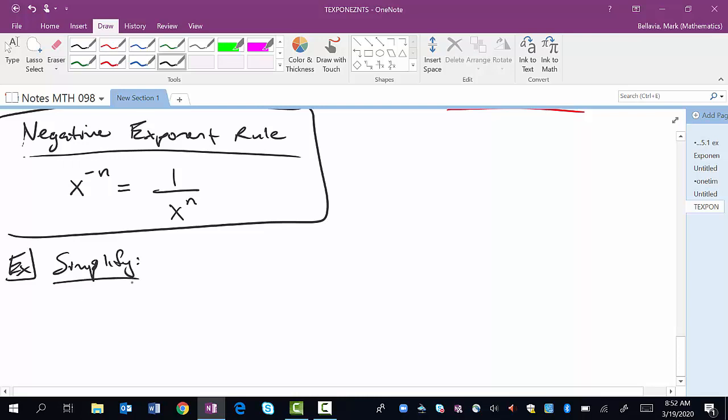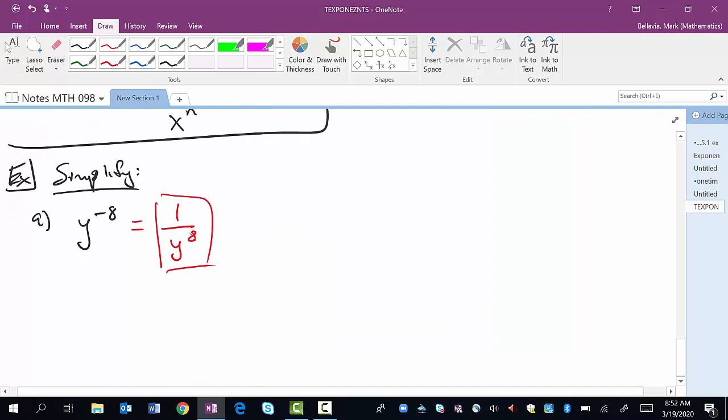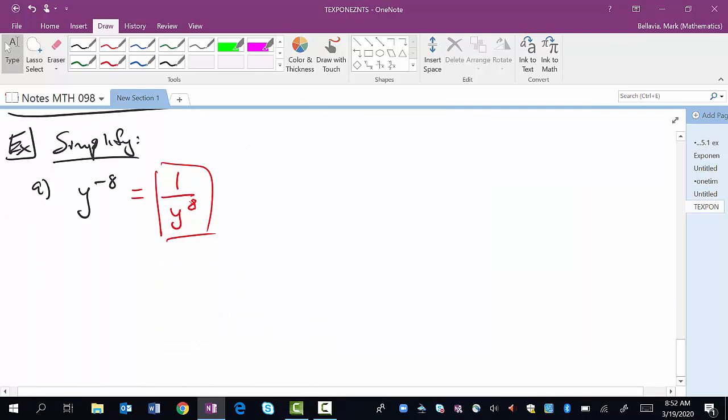If I said to simplify, and the first one we'll look at, I'll say y to the negative 8 power. Well, we see a base to a negative exponent. That tells us I can rewrite it with 1 over, keep the same base, so the base stays y, and then the exponent becomes positive 8. And that's it. You've simplified because you have an answer that has positive exponents.